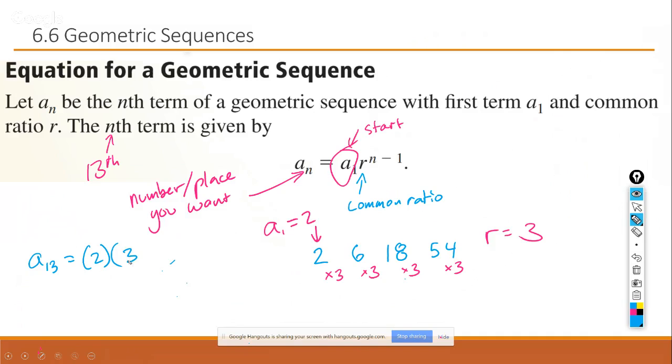The common ratio was 3, and then N is 13, and then there's the -1. So that matches up with this formula pretty well. And you can see where I filled in the blanks. And then you can work that out in your calculator.